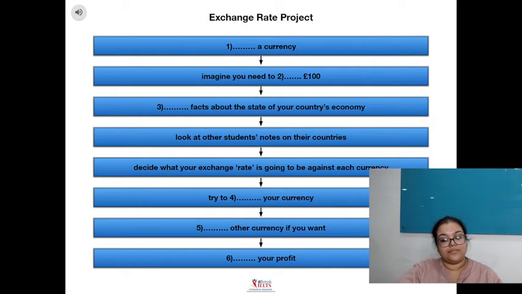But you must do a proper transaction. All the way through this, you must keep your accounts properly for each transaction. I'll give you 1 week to do this, and then we will set a time for the deals to finish, a bit like the stock exchange. And at that point, I will ask you to calculate how much you have made. Is that clear?